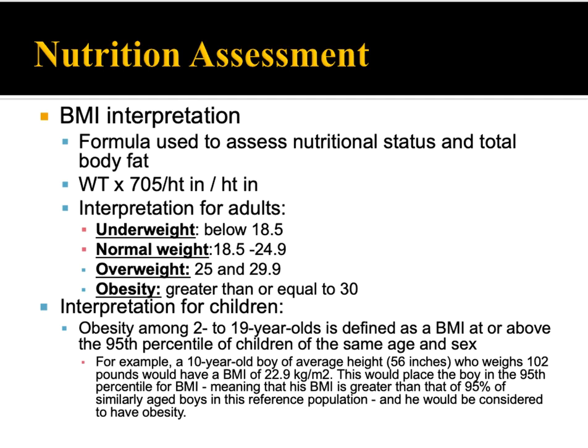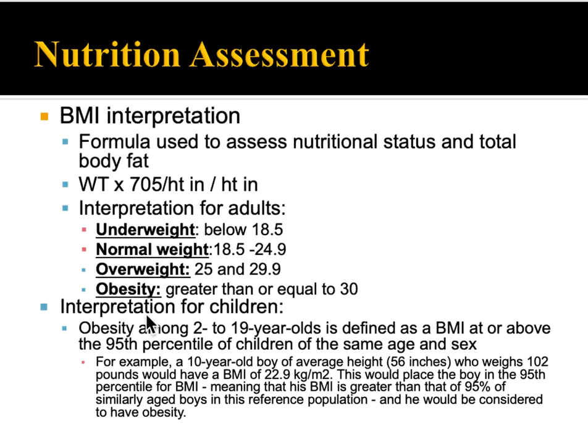It's calculated by using your weight times your height in inches, and there's a graph, a scale that we use. The interpretation for adults, as you can see here: underweight is below 18.5, normal is 18.5 to 24.9, overweight is 25 to almost 30, and then greater than 30 is considered obese.